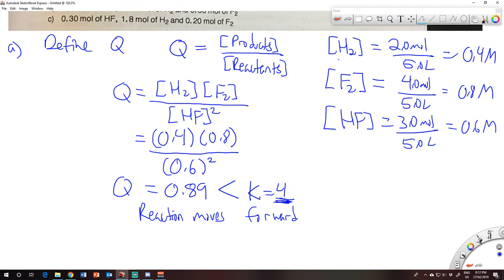So this reaction will proceed forward until the ratio of products to reactants in this equation is equal to this number here. Yeah, it's much less, so it's going to move forward.